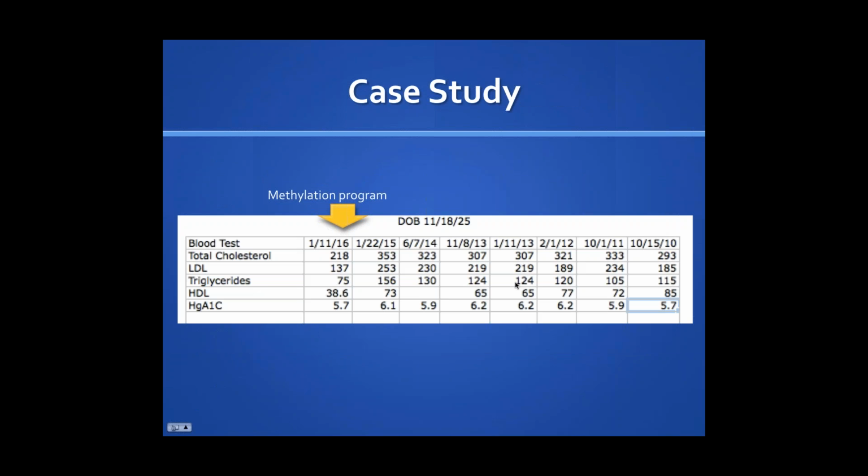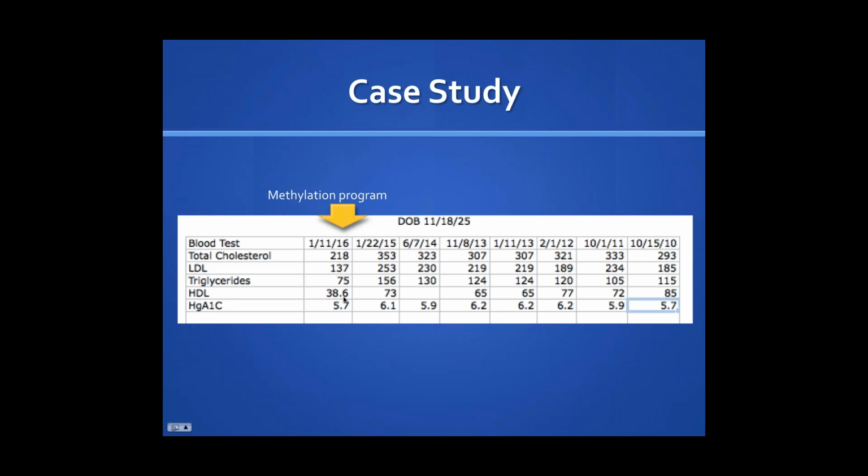And here's her cholesterol. We started in 2010, and you can see her cholesterol was running in the 300s. We measured it every year. And then, boom, once we started the methylation program, we did nothing to directly hit her cholesterol. It dropped significantly. LDLs went all the way down to 137 from 253, the latest high. Triglycerides went from 156 down to 75.